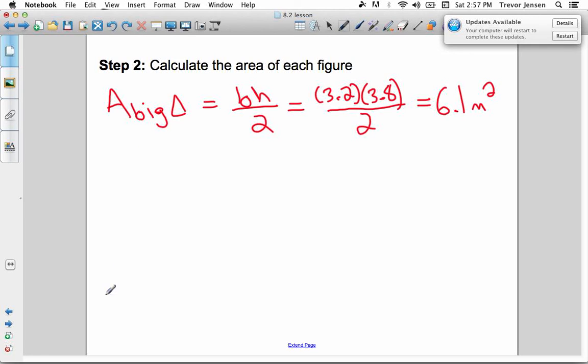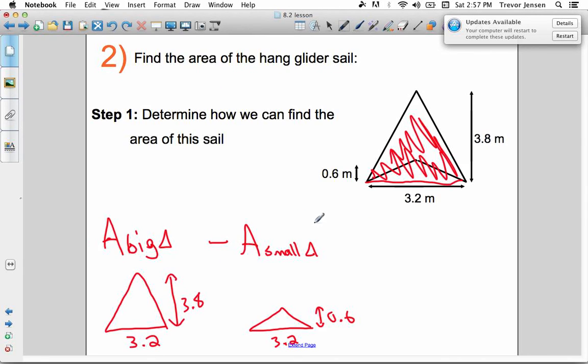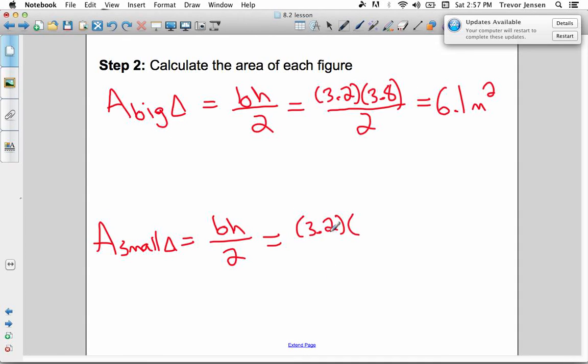Okay. Now let's find the area of the small triangle. Well, it's also a triangle, so I can use the formula base times height divided by 2. The base is the same. It's 3.2. But if I look back at my diagram, the height of the smaller triangle is only 0.6. So 0.6.